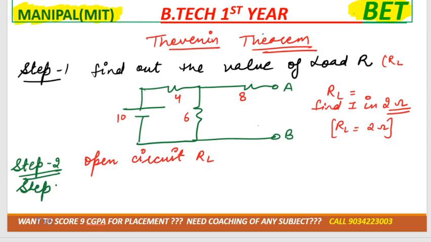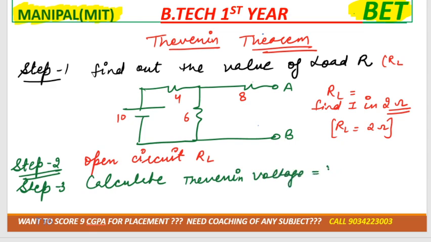Now, step number 3, you need to calculate the Thevenin voltage. Thevenin voltage is denoted by VTH, and we can also write it as VAB. Understood?